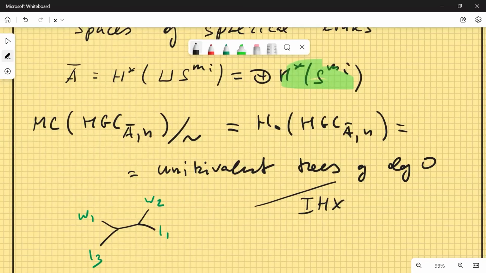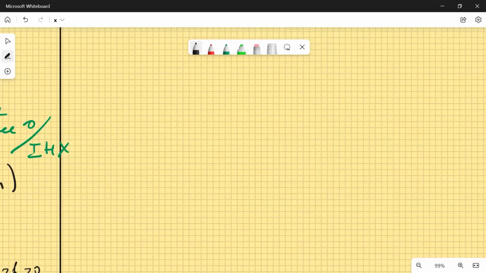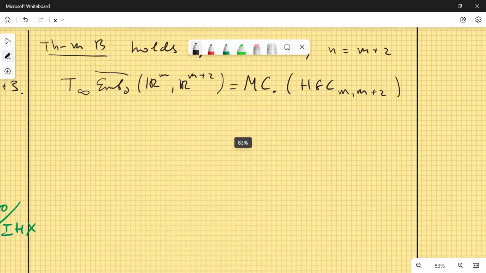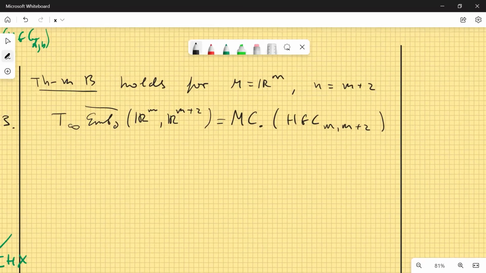So, and finally, let me speak about the situation when we have codimension 2. So when we look at the long string links, when M is R^m and codimension is 2. In this case, we can still compute the limit of the rational Goodwillie tower.